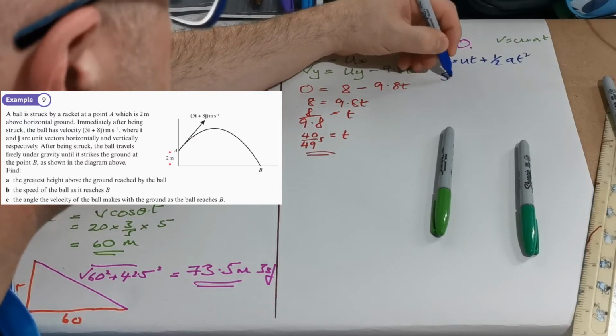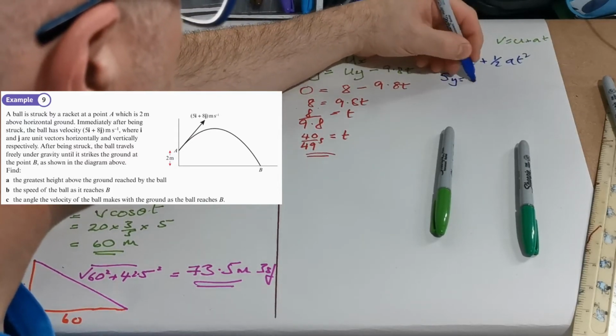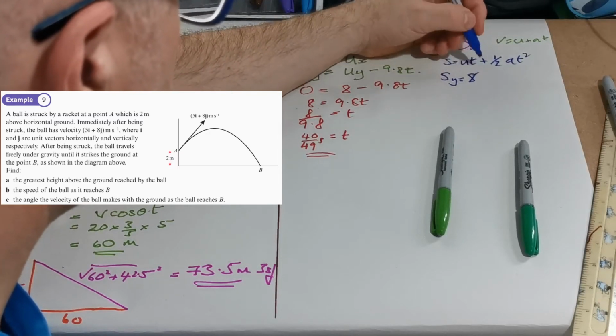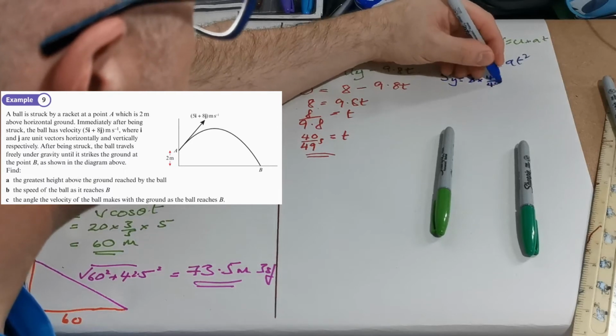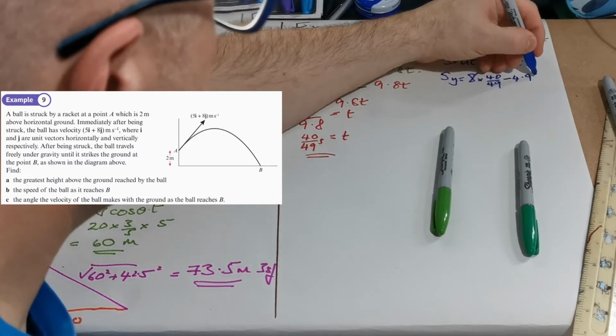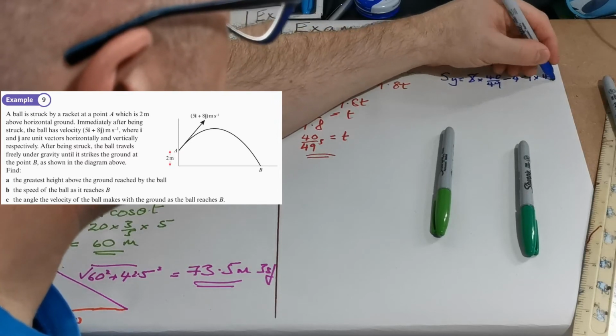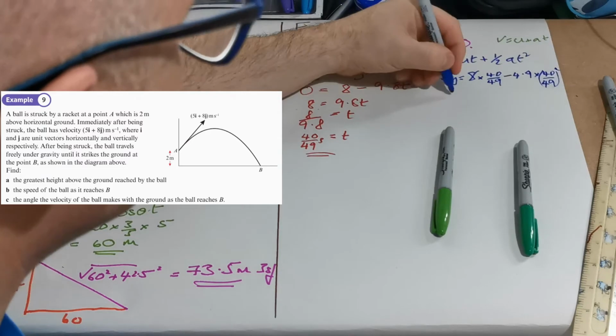So sy is equal to 8 times 40 over 49, minus 4.9 times 40 over 49, squared.